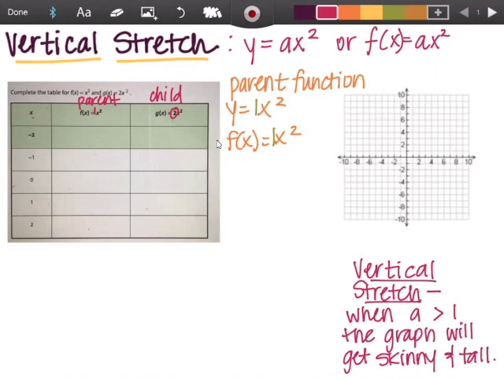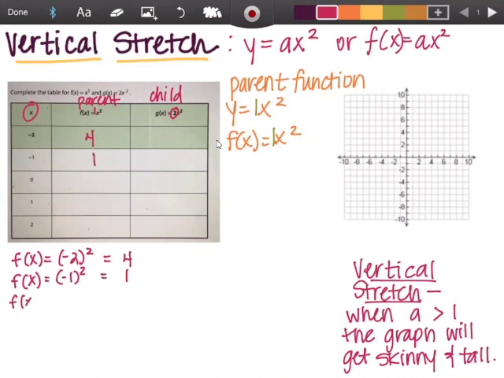So how do I find my numbers, right? I have x squared, and these are the values of x that I'm going to substitute. So that means we're going to have f of x is equal to negative 2 squared, which is equal to positive 4. We have f of x is equal to negative 1 squared, which is equal to 1.